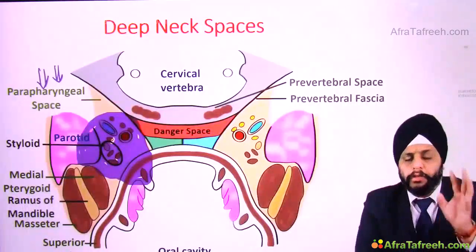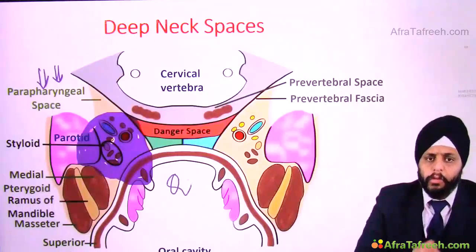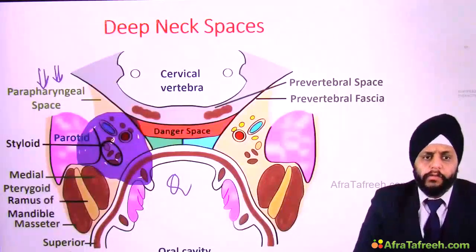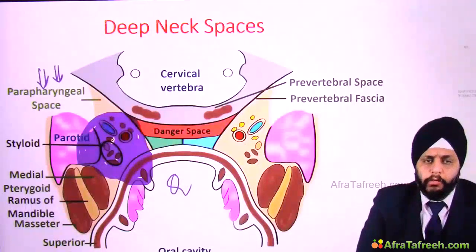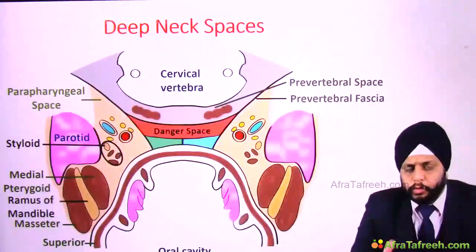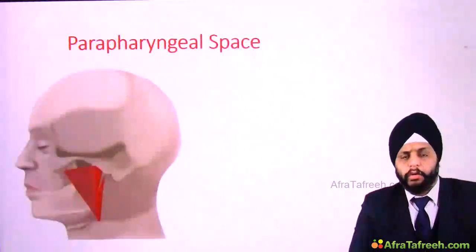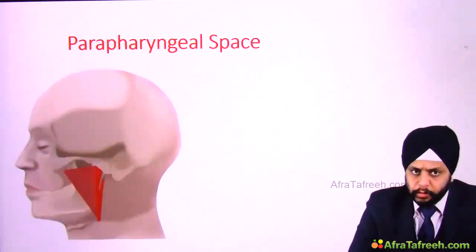Clear? So this question has also been asked. This was the diagram that I wanted to discuss, and it discusses most of the spaces of the deep neck. Let's go forward and look at each of these spaces individually.